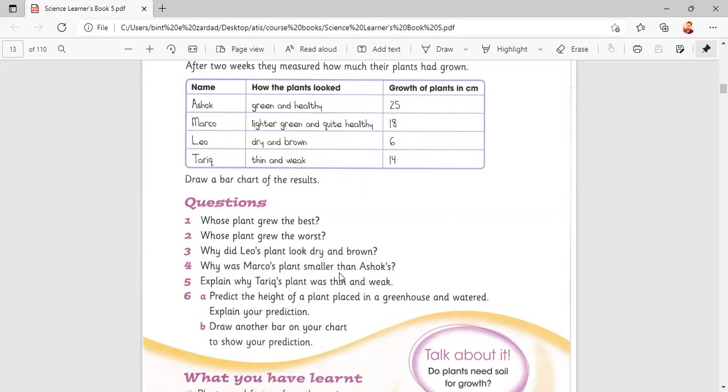He put his plant in the shade. Marco's plant is obviously going well, this one about 18 centimeters. What's the reason? He put his plant in the dark, not catching enough sunlight.